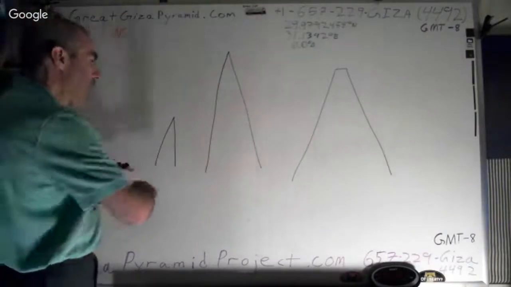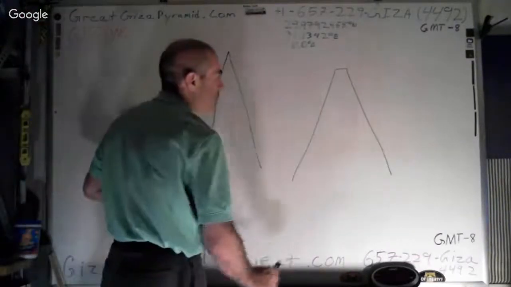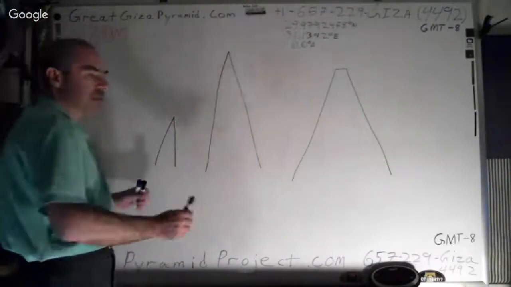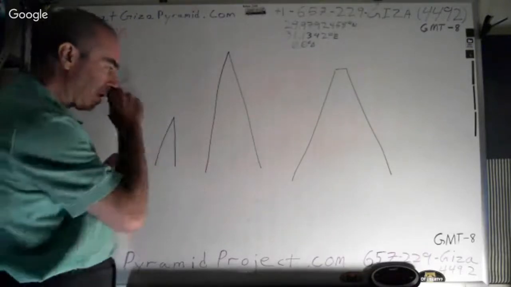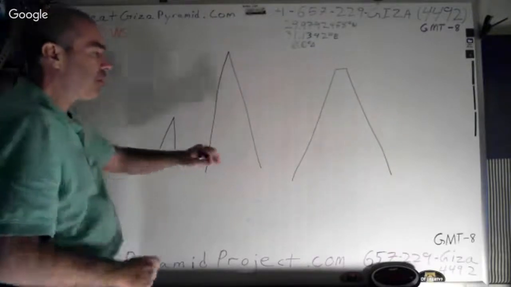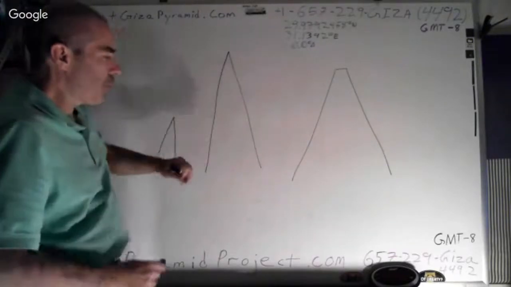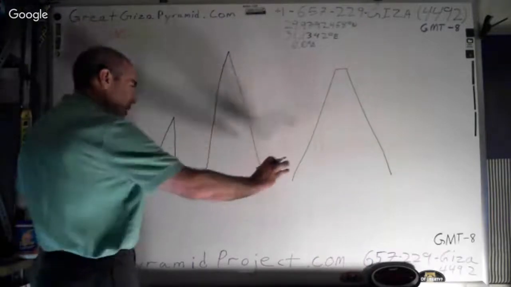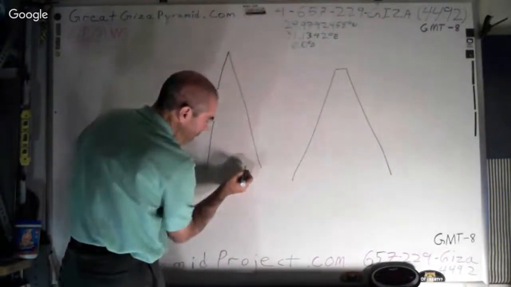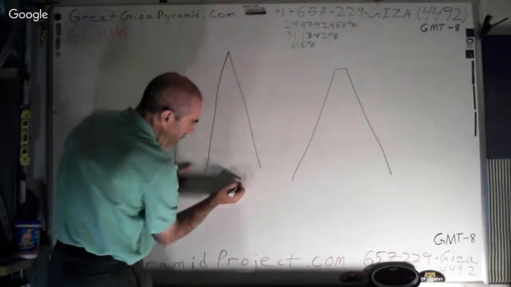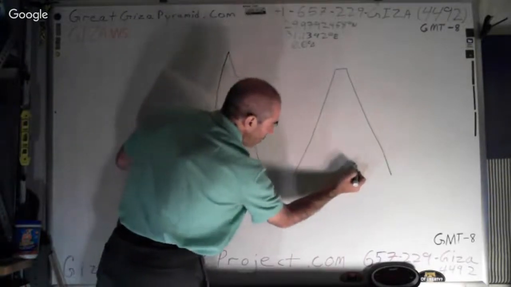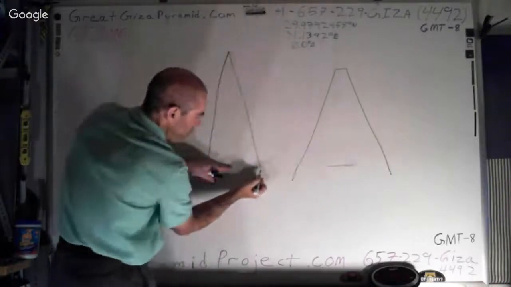Now there's 9 other structures. I call this Pyramid 1, Pyramid 2, Building 7, and the other ones. I have videos where I go over how I label them, but we can skip all that. We're going a quickie here. You have to understand that when we get into the guts on the inside, the guts in here are at the same elevation as what they like to call the Queen's chamber level.